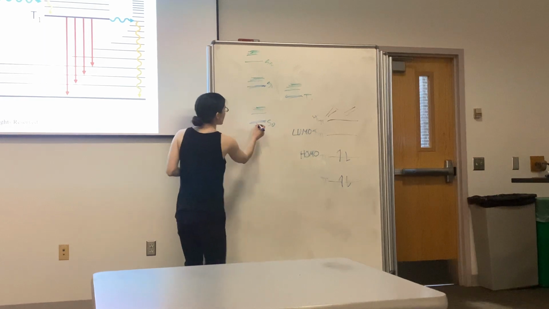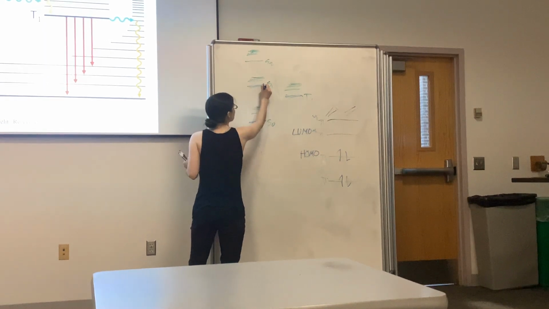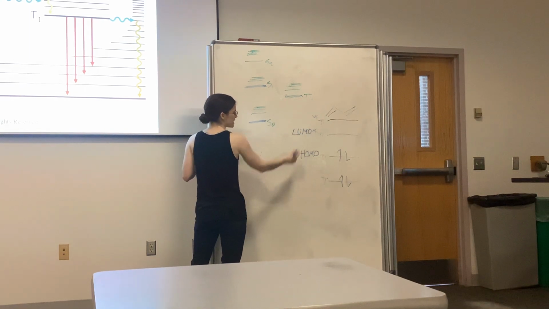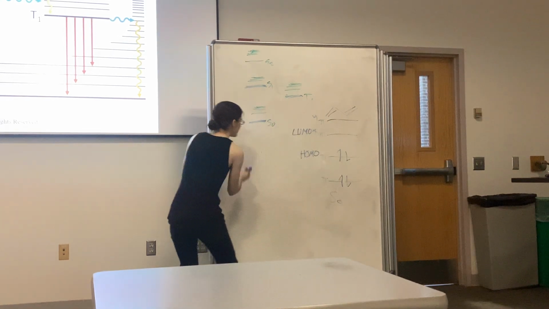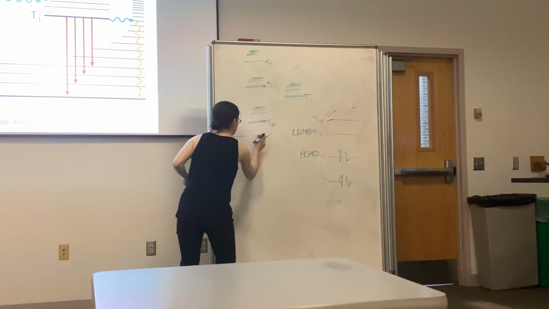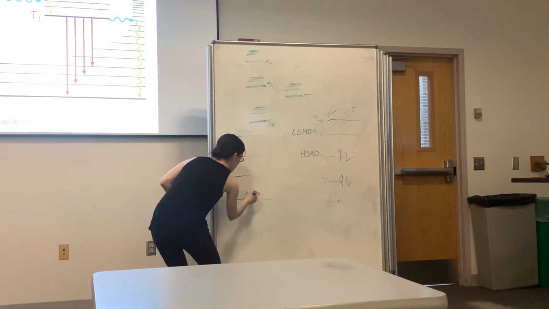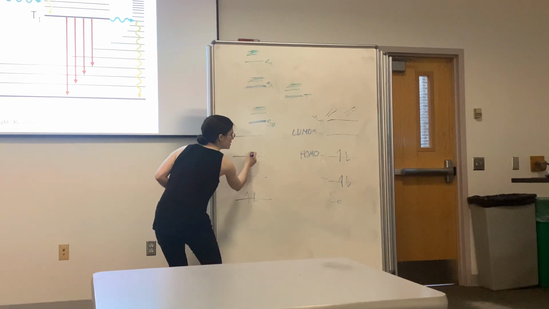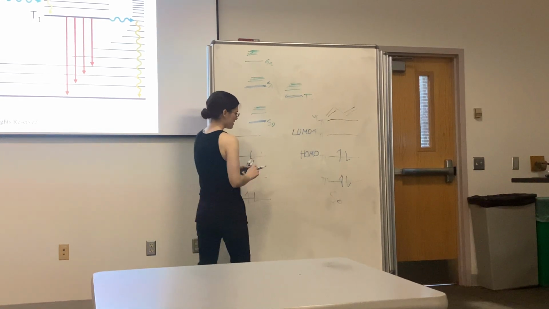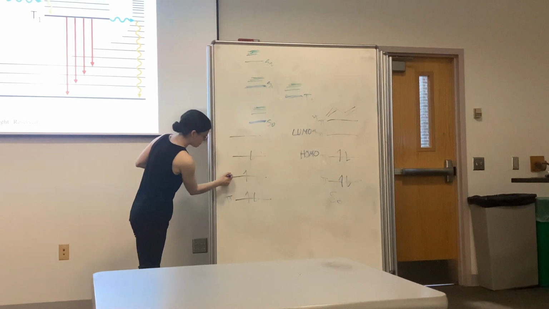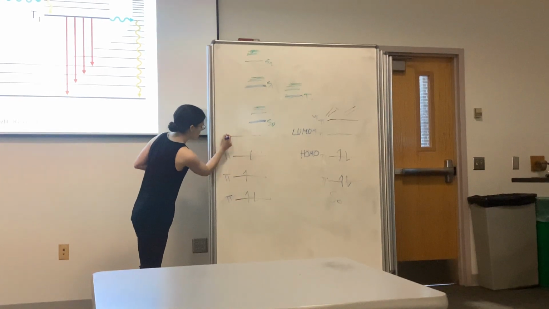And basically that's the difference between here and here, because this is what S0 looks like, and this is pi star.